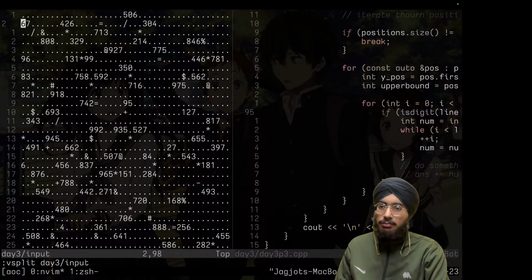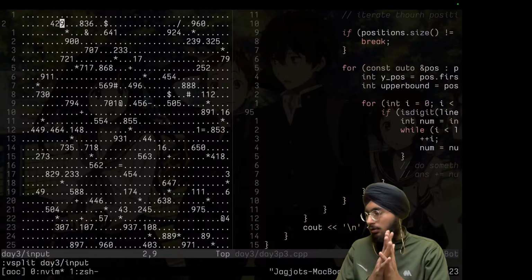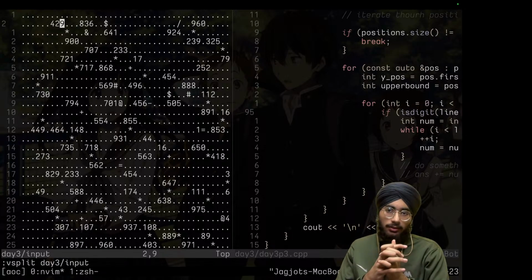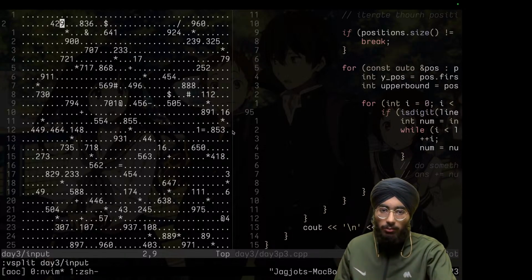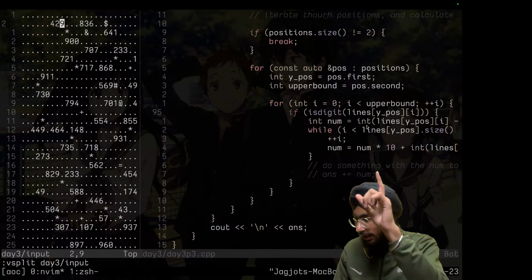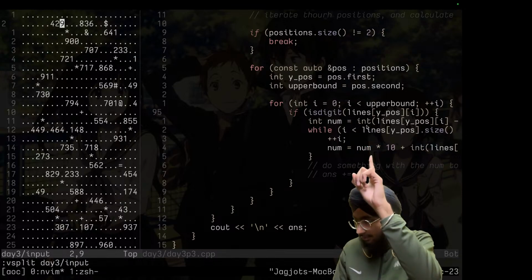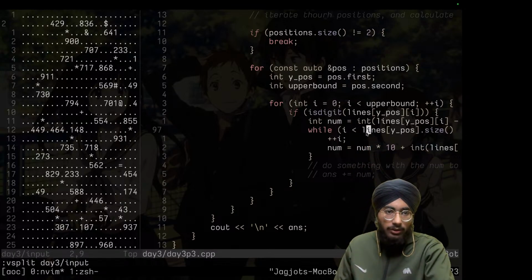Oh, I messed up. 0 1 2 3 4 5 6 7 8. 0 comma 8. So for 0 till 8, less than equals to it should be. Oh my god. We just made a blunder. You see right there that I it should be upper bound.